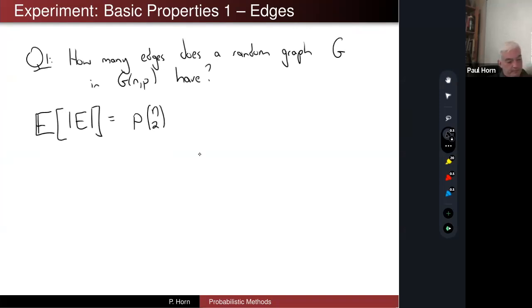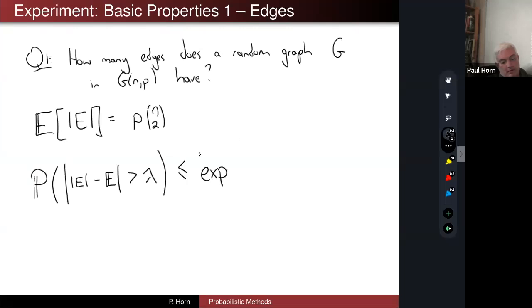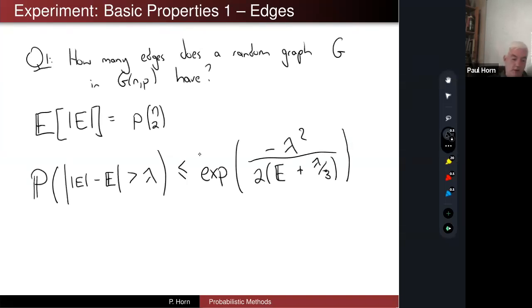The probability that this number of edges differs from its expectation by more than lambda shrinks like whatever I wrote before: e to the minus lambda squared over twice this expectation plus lambda over 3.